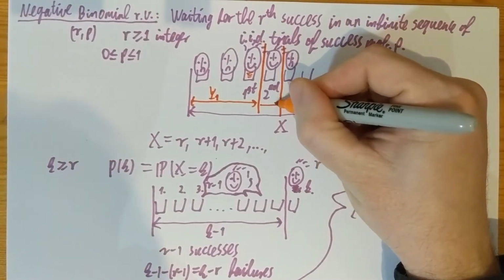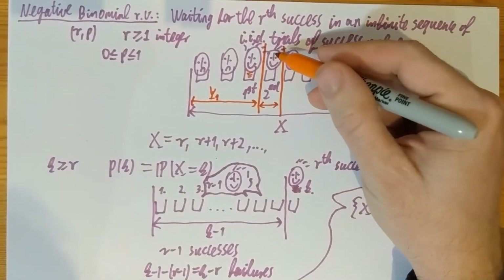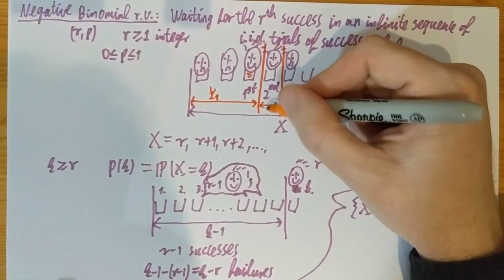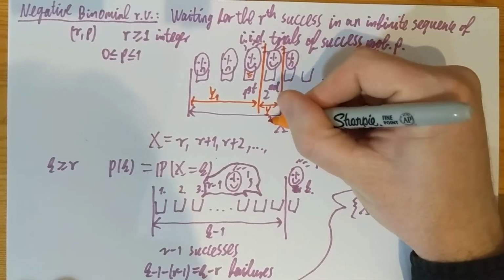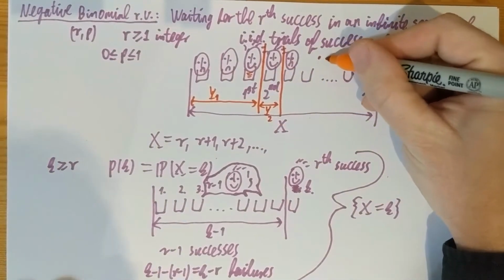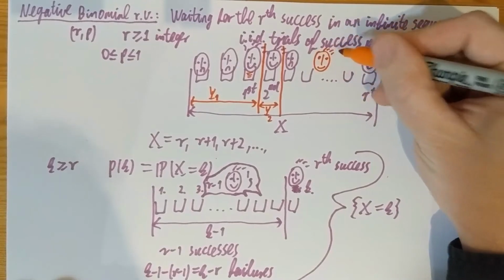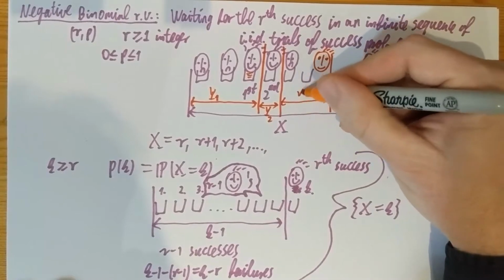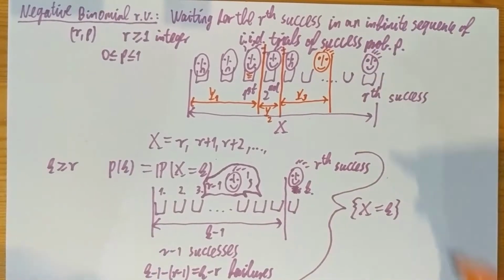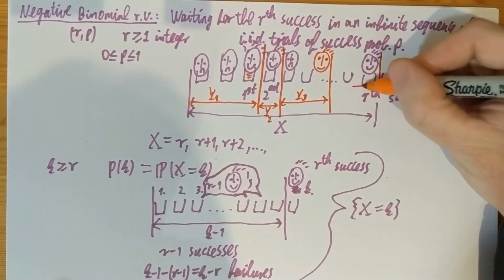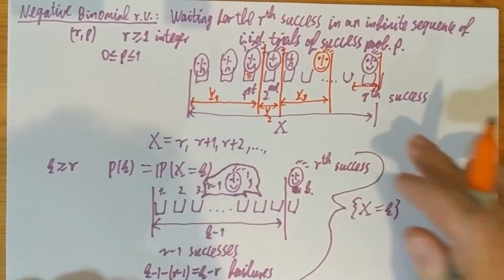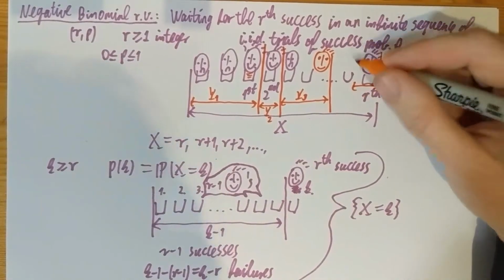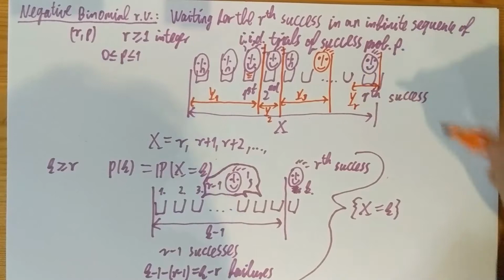Then the number of trials needed to see the next success, I'm going to call y2. Then somewhere in here there's going to be another success. The waiting time between the consecutive successes is going to be the sequence of the y's. And then somewhere there might be some more successes depending on the value of r. The waiting time for the last success after the one before that is going to be yr.